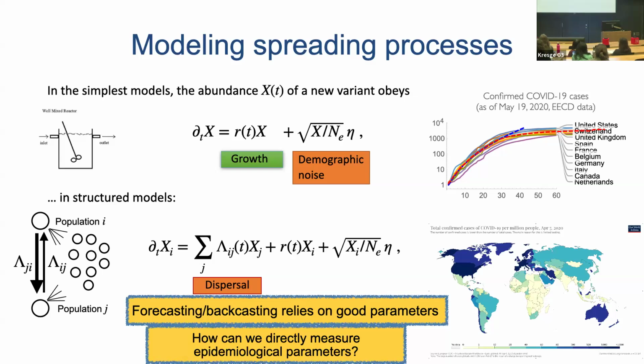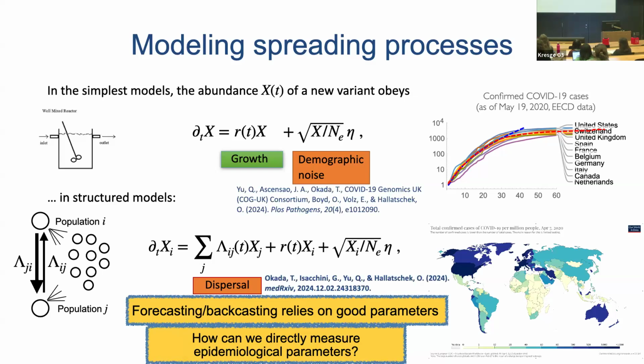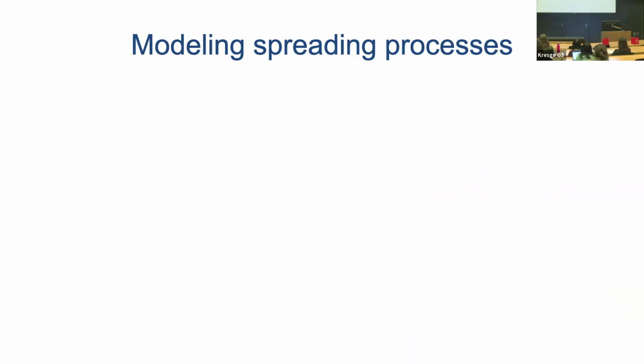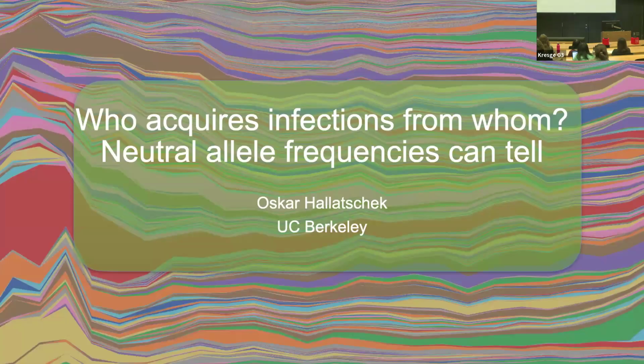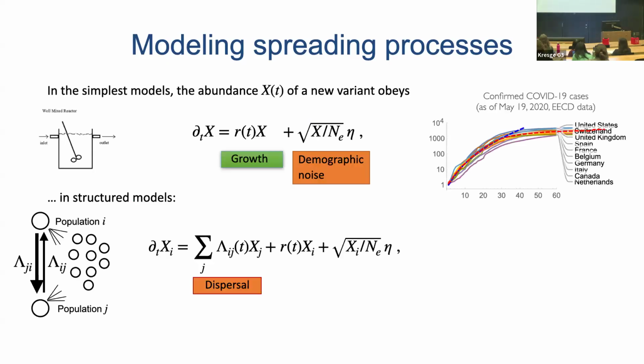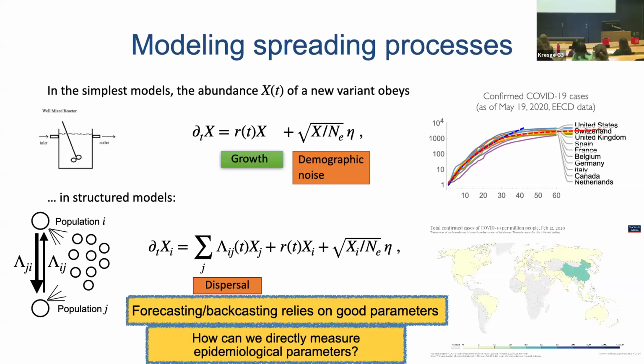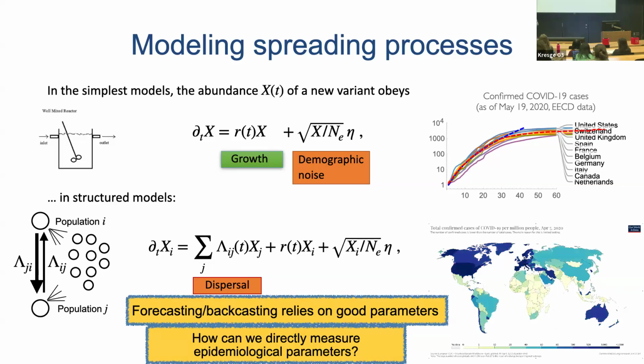And so to do this, one way is perhaps, sorry, I'm going too fast here. One way to do this is, if you're interested in dispersal, you could look at mobility data, how people are moving around.